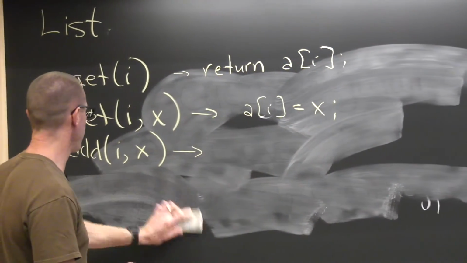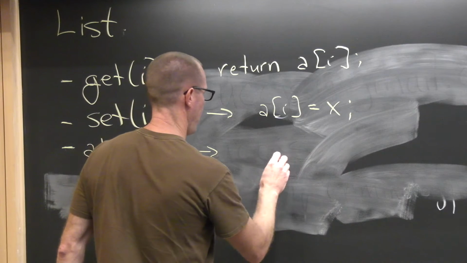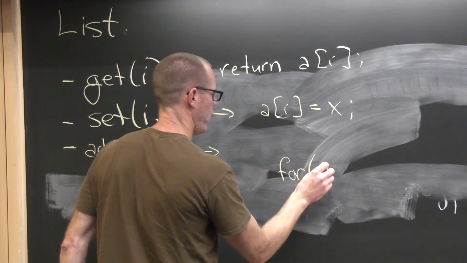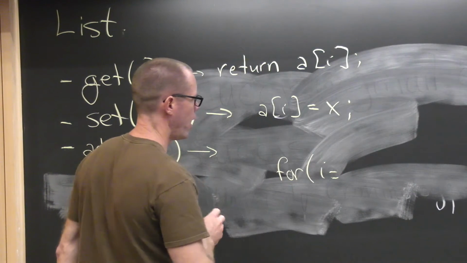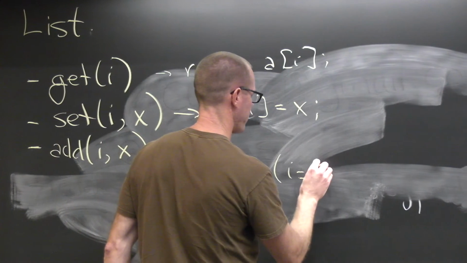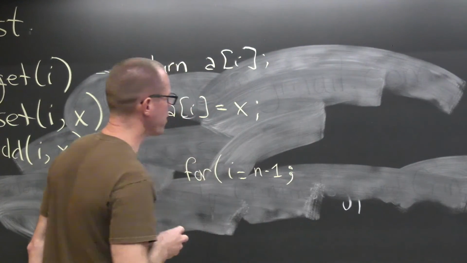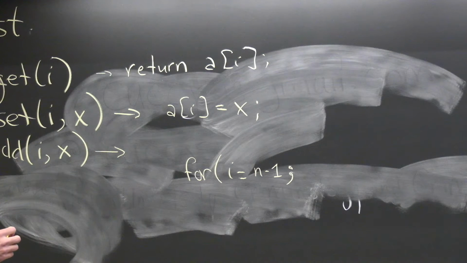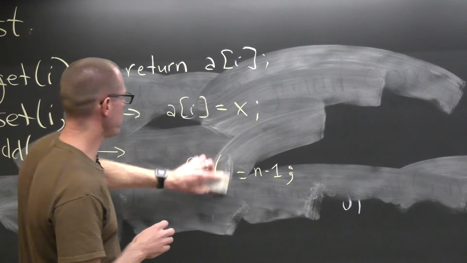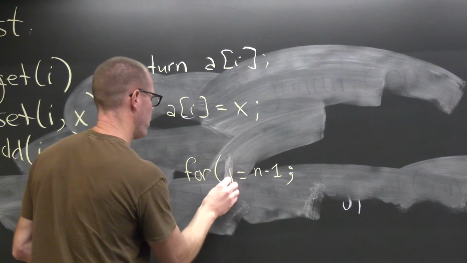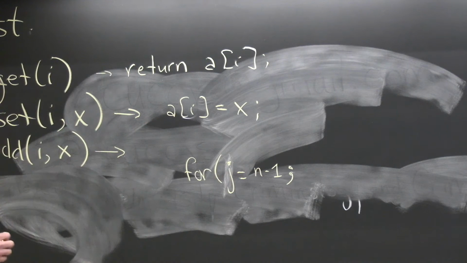Okay, so it looks something like this. Add does something like for j equals n minus 1. So we start at position n minus 1, and when do we stop?